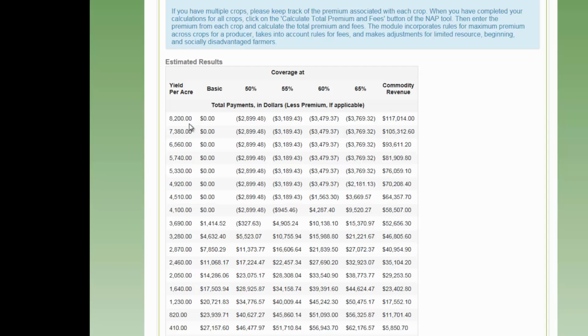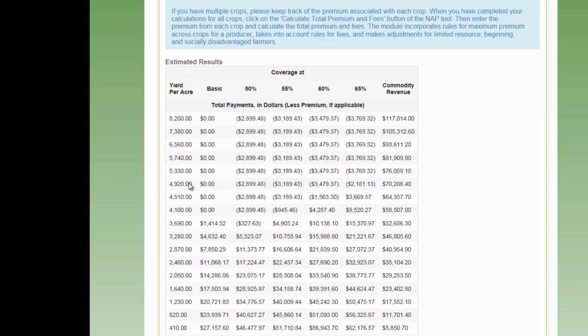And we gradually start taking off some yields, or decreasing the yield as we go down. And for quite a period of time, until you get under 4,920 pounds per acre, the numbers are the same. The numbers we see in this line are the same as your total premiums.